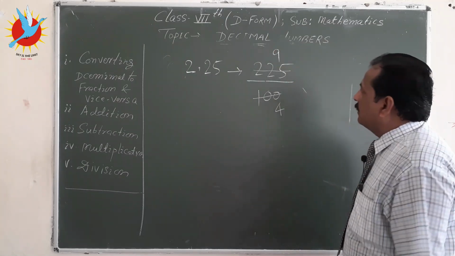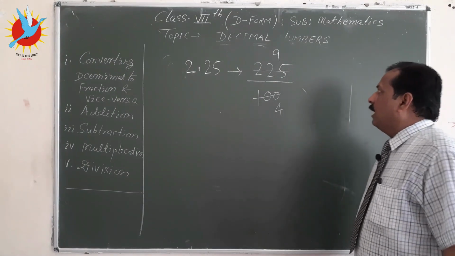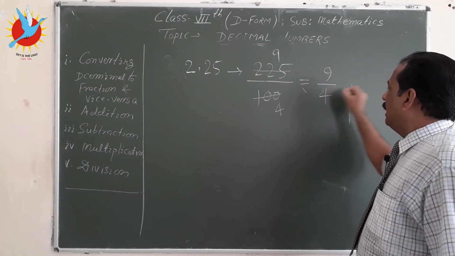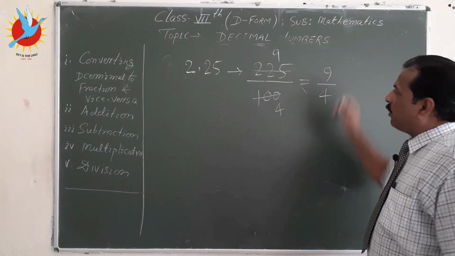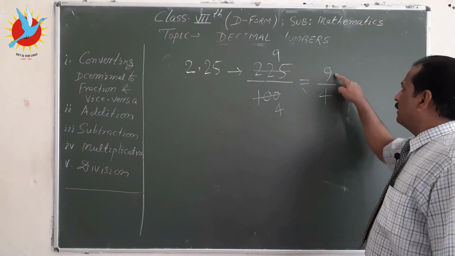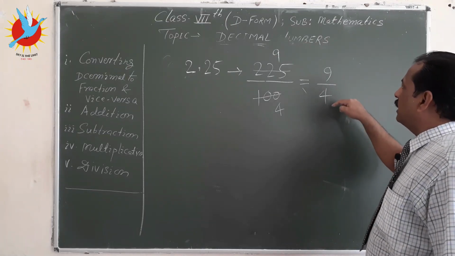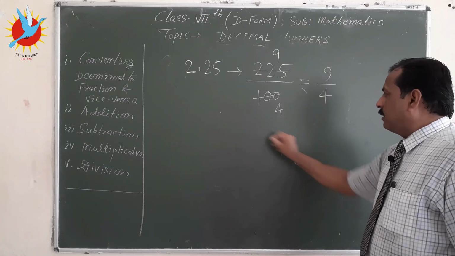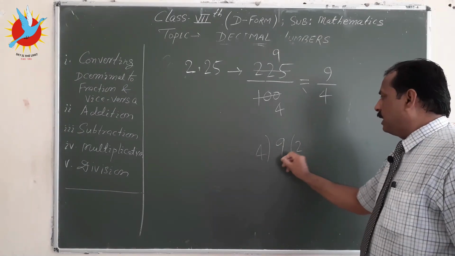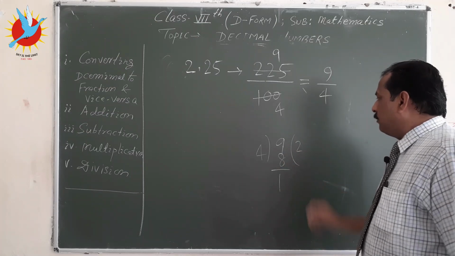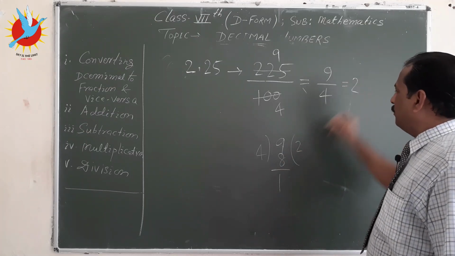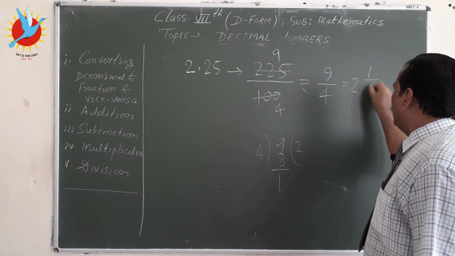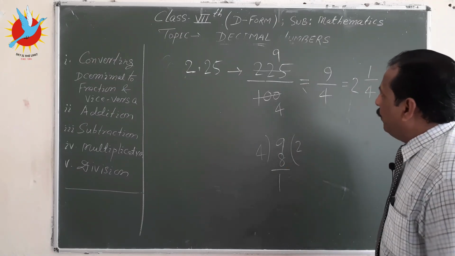So this is 9 by 4, and this is an improper fraction because the numerator is greater than the denominator. We can convert it. How to convert it? You are already aware: 9 and 4, 4 twos are 8 and this is 1, which means 2 is the whole number and this 1 will be the numerator and this will be the denominator, so 2 1 by 4.